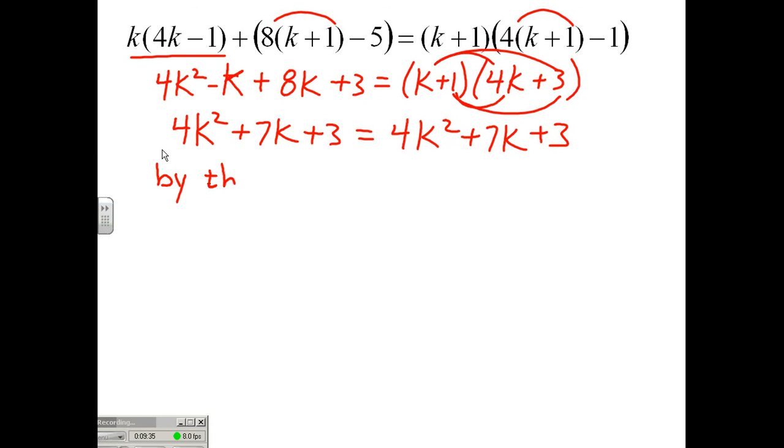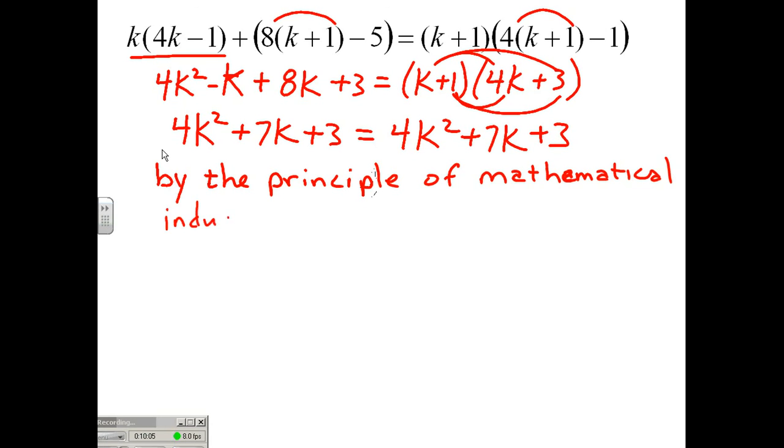By the principle of mathematical induction, the formula is true.